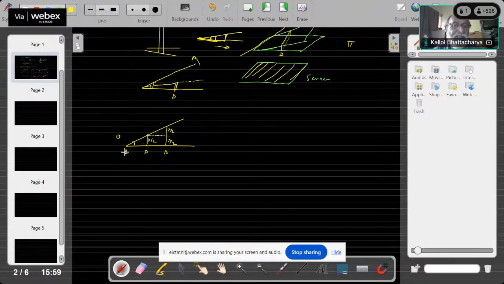Between the first point where the phase difference was 0 and the point where the separation is lambda, you are getting one fringe. Where is the next line? The next dark line would come somewhere here, where this is lambda by 2 again. Lambda by 2 means pi phase difference, so this is 3 pi.